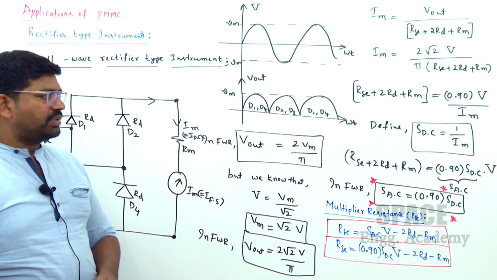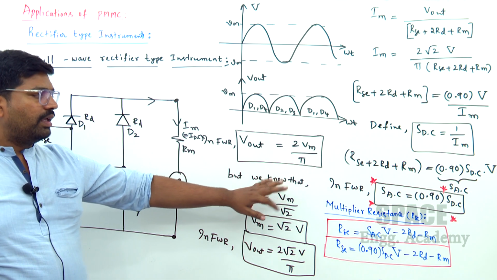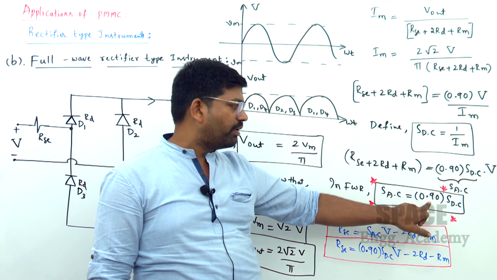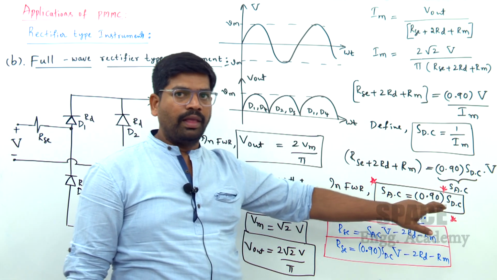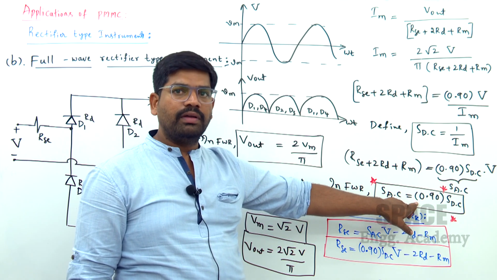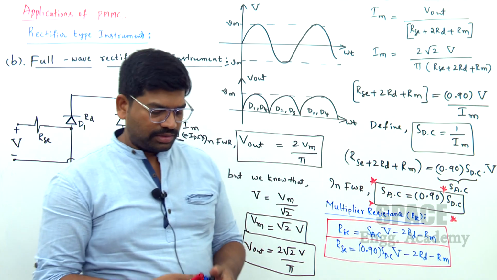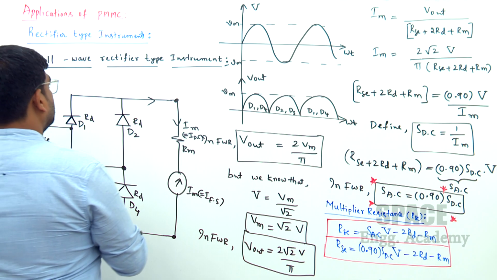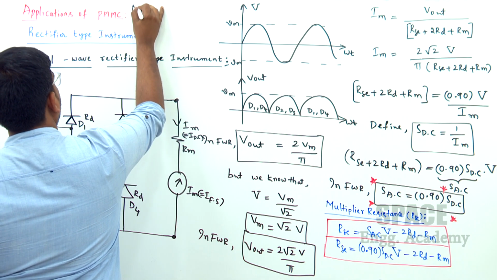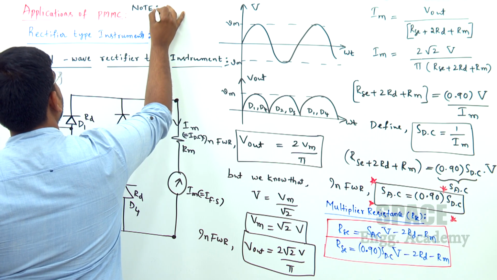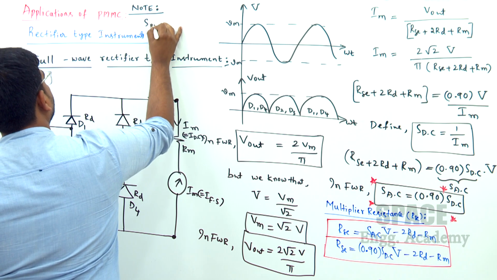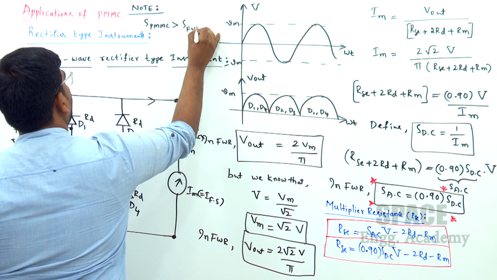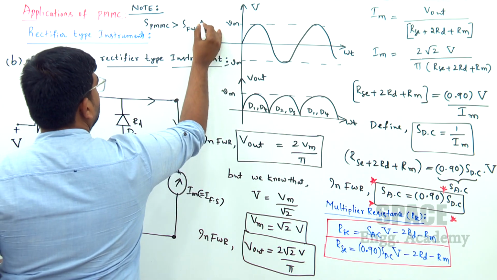So what is the main observation here? In half wave rectifier type instrument, it is only 45% of DC sensitivity, but in full wave rectifier type it is 90%. Overall, if you compare, sensitivity in PMMC is 100%, but sensitivity in full wave rectifier type is 90%.